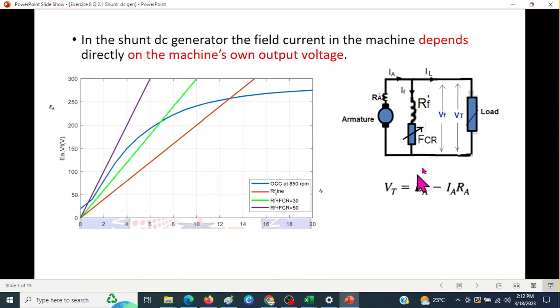From here you can see that the terminal voltage Vt is EA generated here minus IARA, so the drop across the armature resistor. And as I mentioned, when there is no load, no current is flowing, therefore this voltage drop will be 0, and therefore the terminal voltage will be equal to the generated voltage.